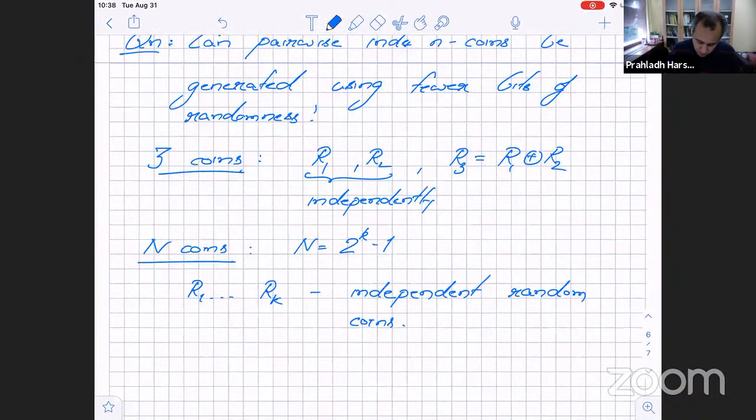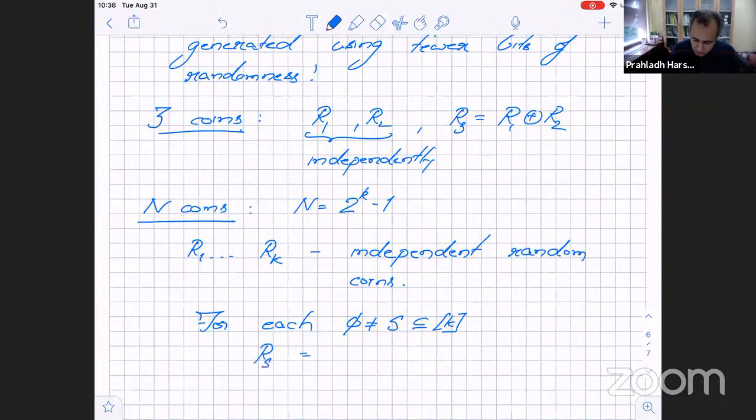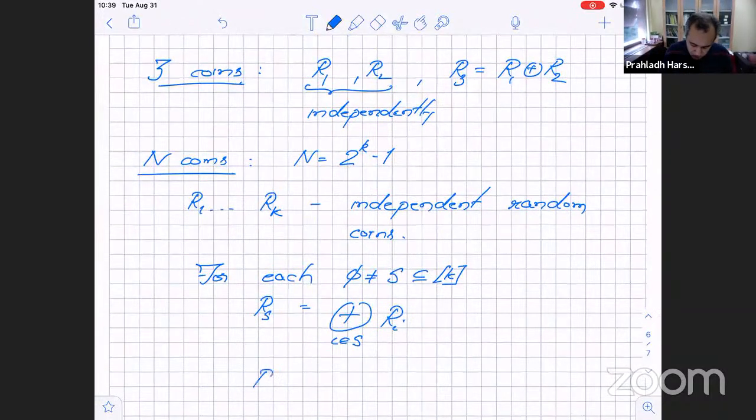Then for each non-empty set S of [k], let's set Rs to be the XOR of all Ri, i in S. So for every set, I come up with a coin indexed by the name of the set. And what is that random coin? It's just the XOR of the random coins corresponding to the elements in the set. But notice that by this definition, R of a singleton set will be exactly equal to Ri.